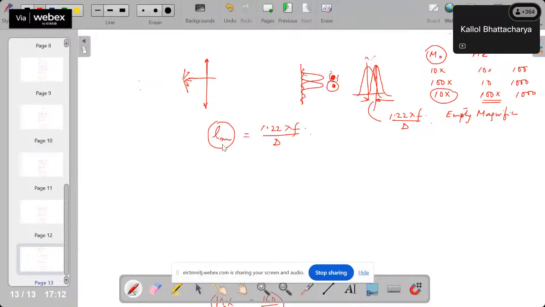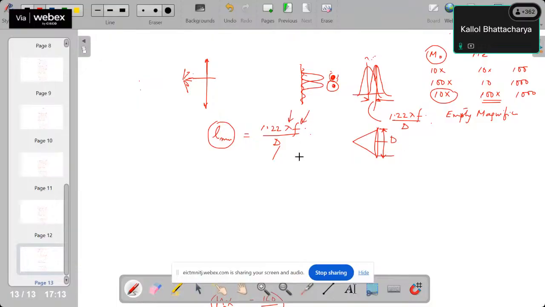So L minimum is 1.22 lambda f by d, and we have seen the numerical aperture defined as follows. Let me draw the parameters. Lambda is the wavelength of light, f is the focal length of the lens, and d is the diameter of the aperture of the imaging lens.